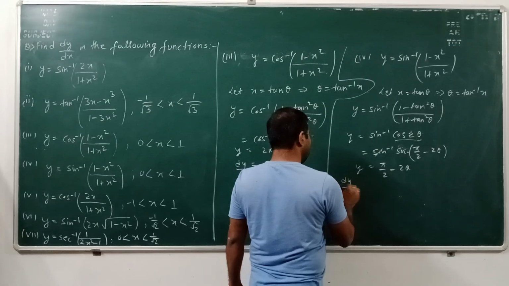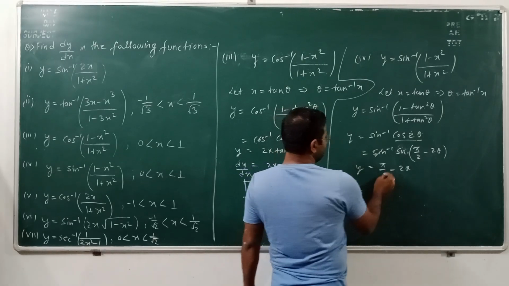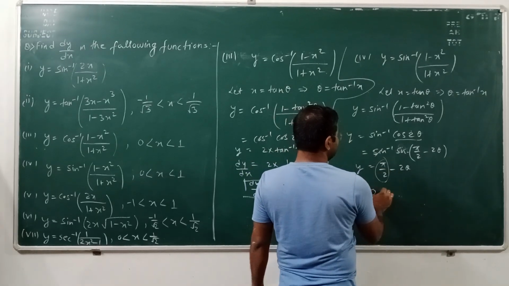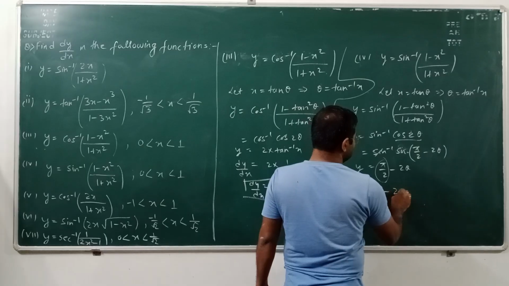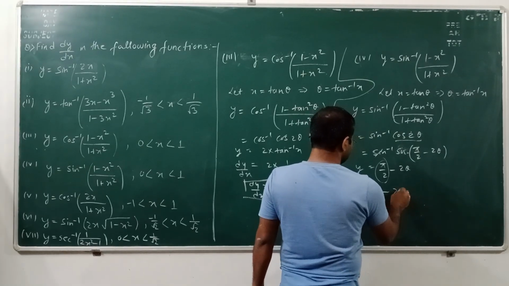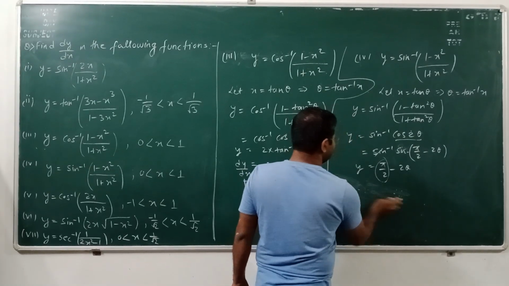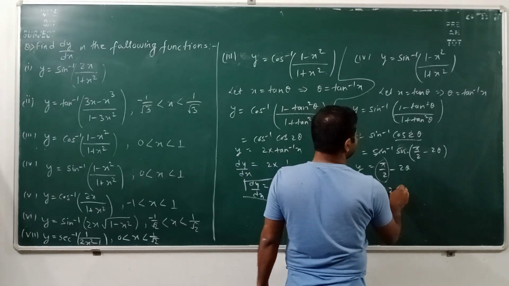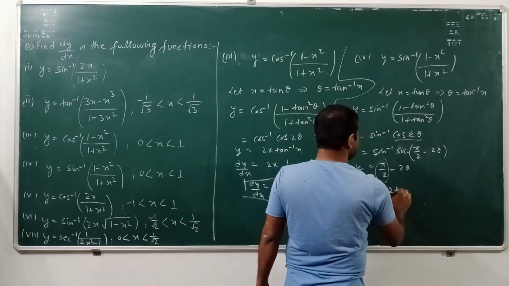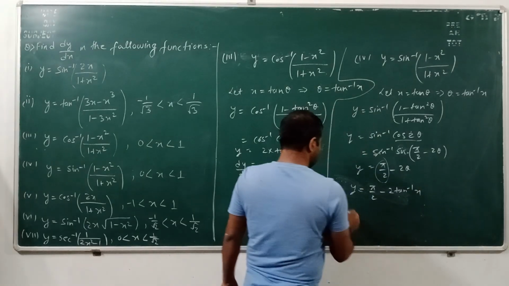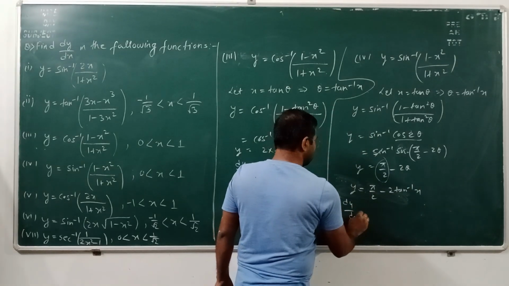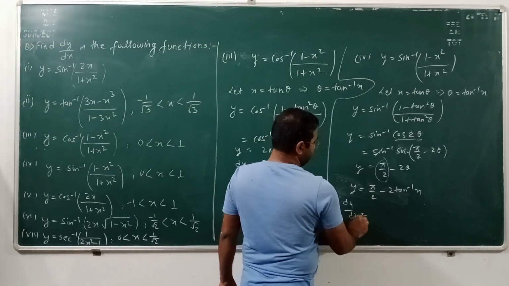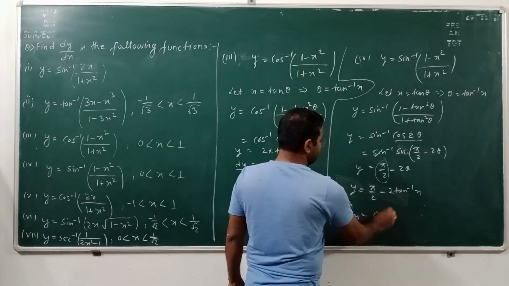Now what will dy upon dx come? Constant value is 0 and 2 theta is there. So let us write first the 2 theta value. Okay, y is equal to pi upon 2 minus 2 theta, where theta is tan inverse x. Now dy upon dx will be what? Pi upon 2, derivative will be 0 because it is a constant value.